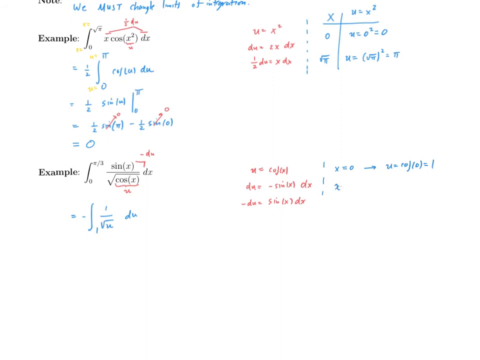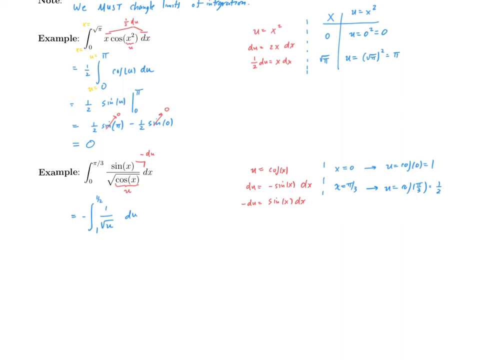Similarly, for that upper limit of integration, we just use our substitution. u is cosine x. If we know x is pi over 3, we know the corresponding value of u. So u would be cosine of pi over 3, which is 1/2, our new upper limit of integration.